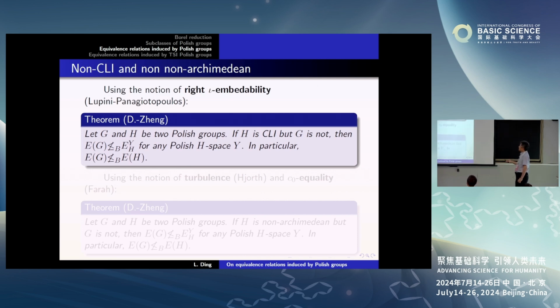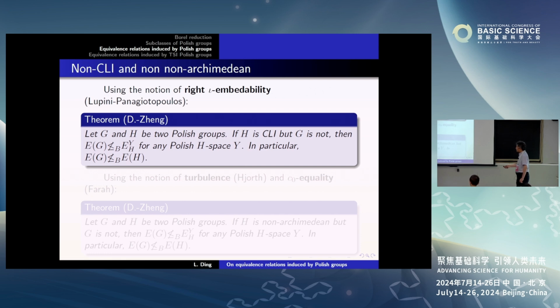Then in the following we'll use some theorems, for example, the so-called right Haar compatibility defined by Lupini-Panagiotopoulos. Let G and H be two Polish groups. If H is CLI but G is not CLI, then EG is not reducible to any EH-action.